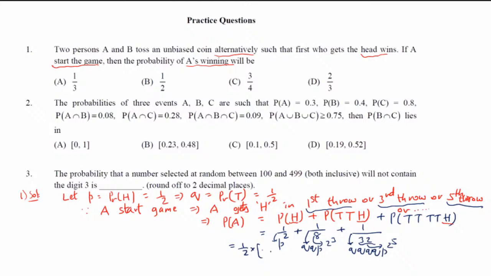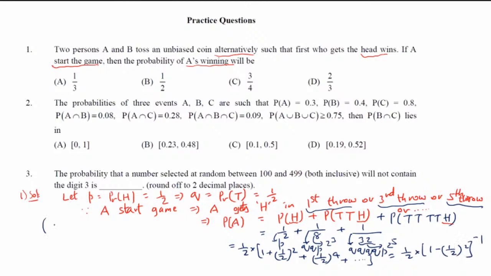After that, 1 plus 1 by 2 whole cube becomes whole square, plus 1 by 2 raised to 5 becomes 1 by 2 raised to 4, plus so on. So this looks like 1 by 2 into 1 minus 1 by 2 whole square, whole to the power minus 1.